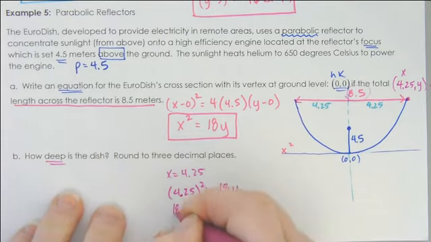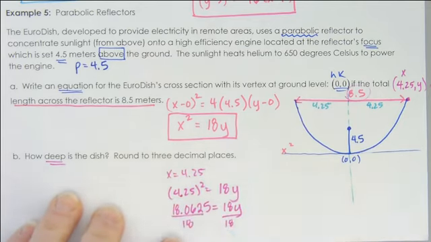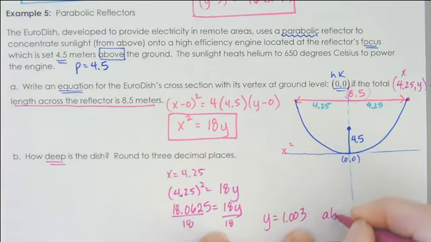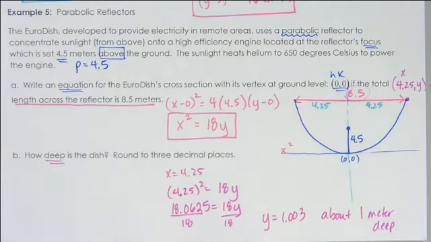I got 18.0625 is equal to 18y. Divide by 18. My y value is 1.003, so it's about 1 meter deep. And if you look back, everything they talked about in this problem was dealing with meters. So it's about 1 meter deep, about 3 feet deep.